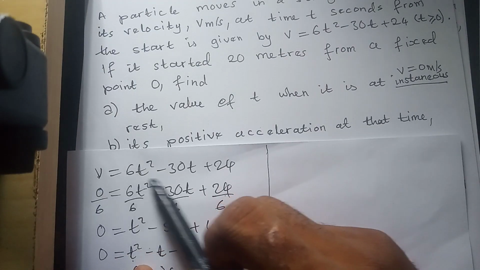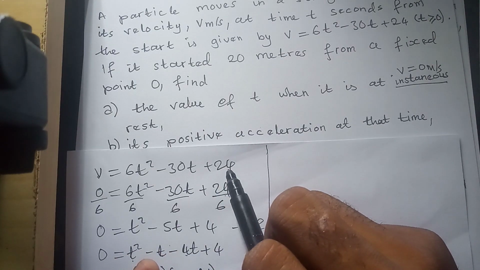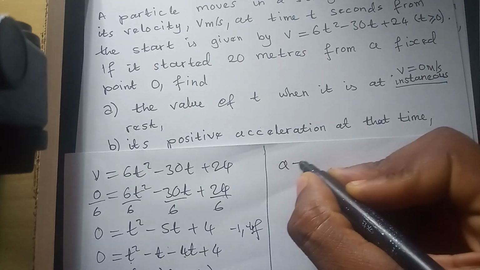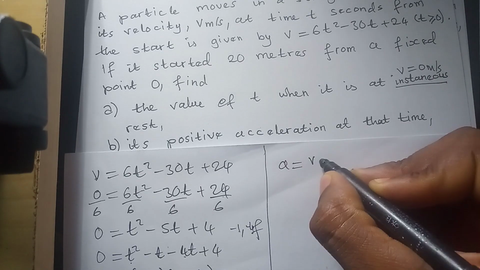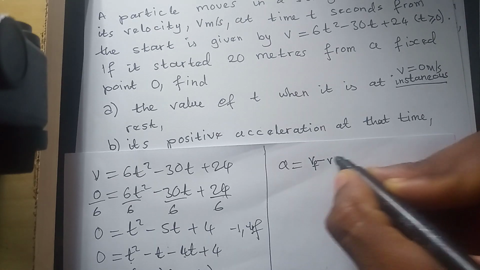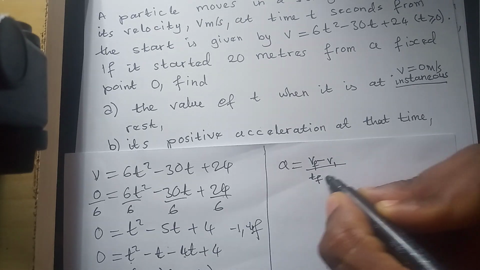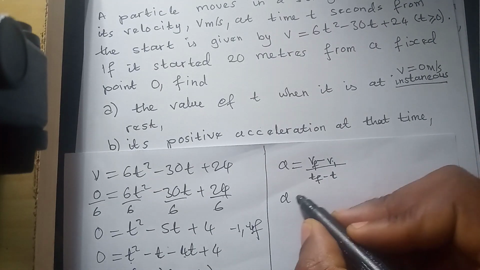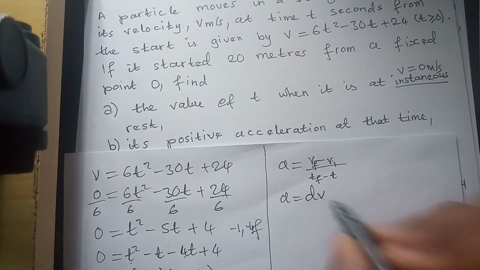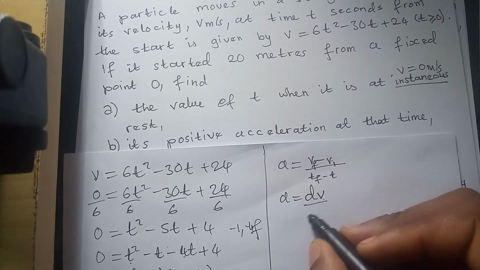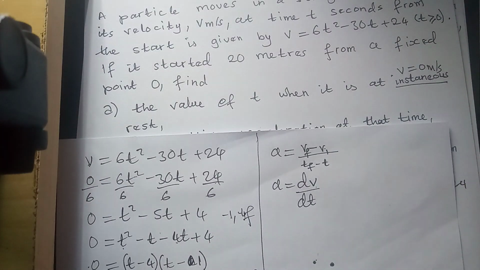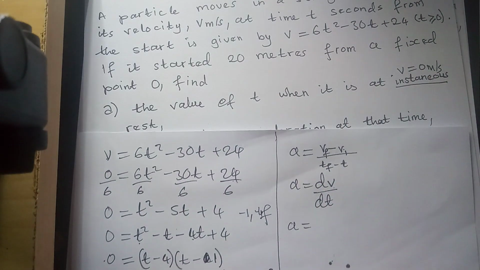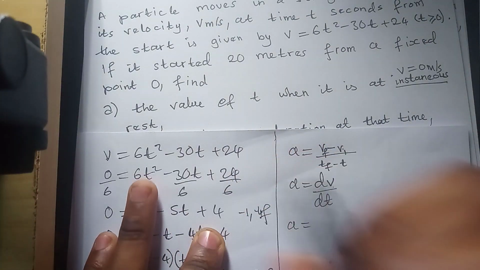When you have the velocity function and you want to find the acceleration function, remember, acceleration is equal to the change in v, final v minus initial v, over the change in time. In calculus, the change in v is dv and the change in time is simply dt. So once you differentiate this with respect to t, you have your acceleration function.